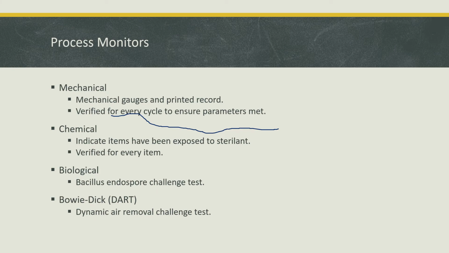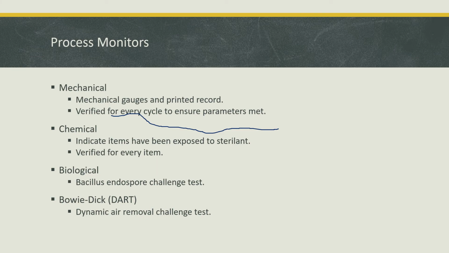So for steam sterilization, it just shows that it has been exposed to steam. Now, I'll talk a little bit more. There are some that are a little bit fancier, but these by themselves do not indicate 100% for sure that the items are sterile, but that they have been exposed to the sterilant conditions.